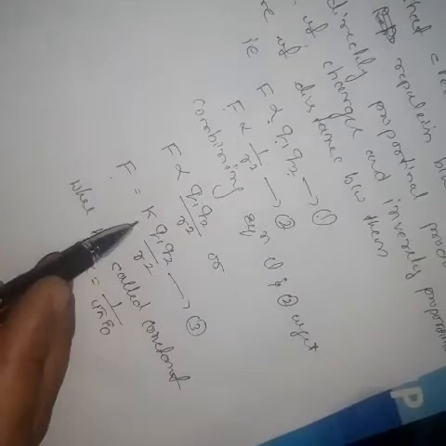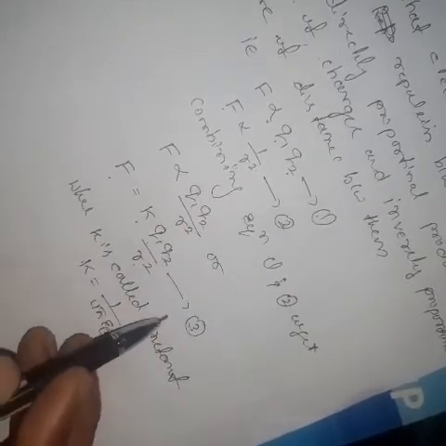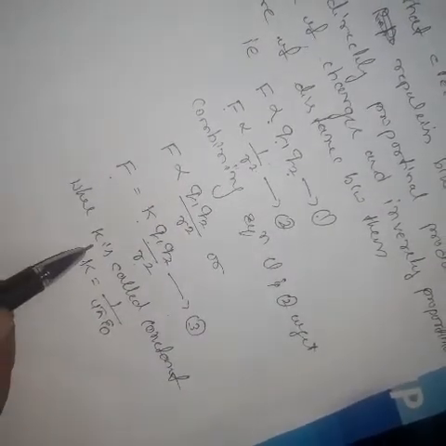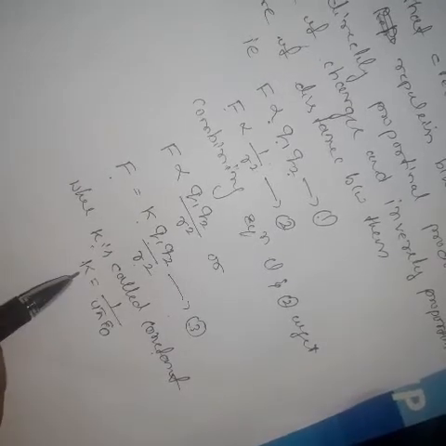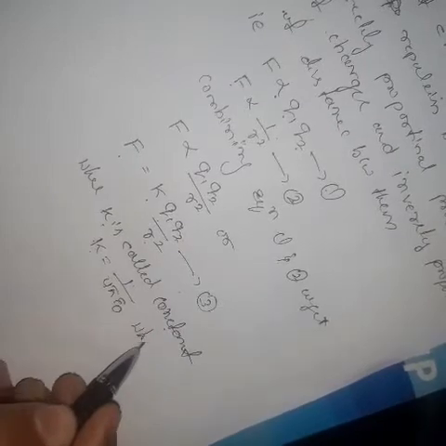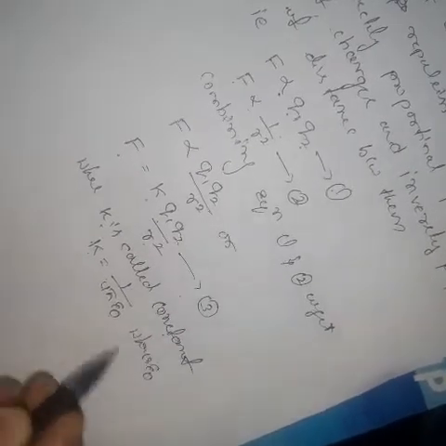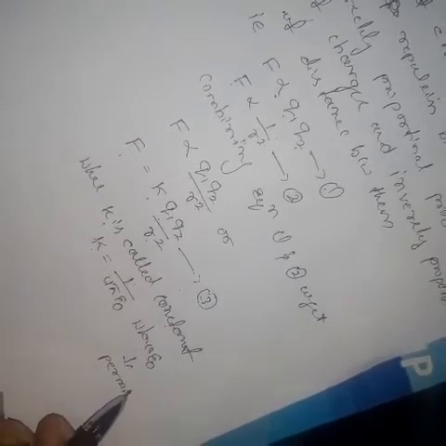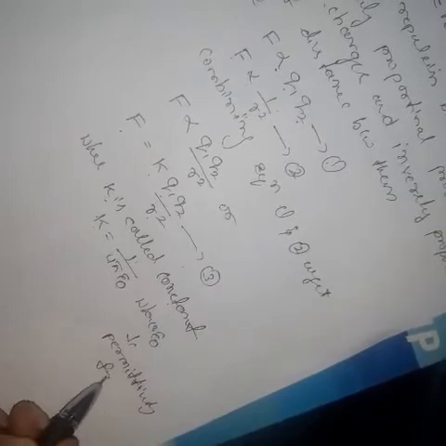F equals k Q1 Q2 by r squared is equation number 3, where k is a proportionality constant with value 1 by 4 pi epsilon naught, where epsilon naught is called the permittivity of free space.